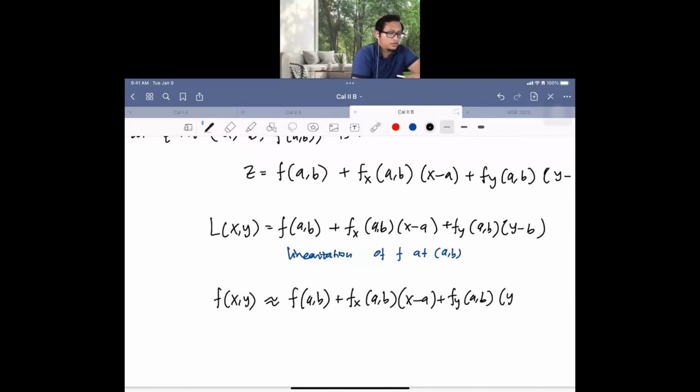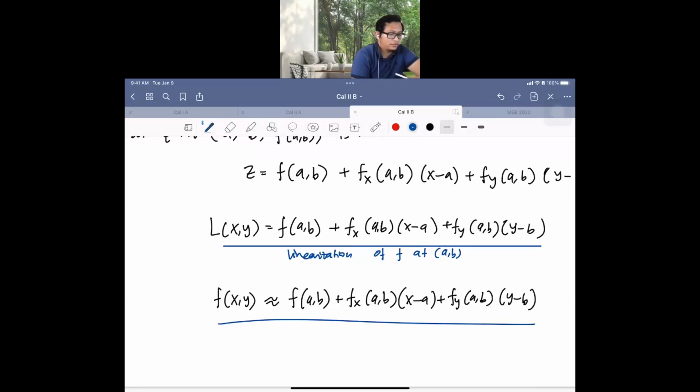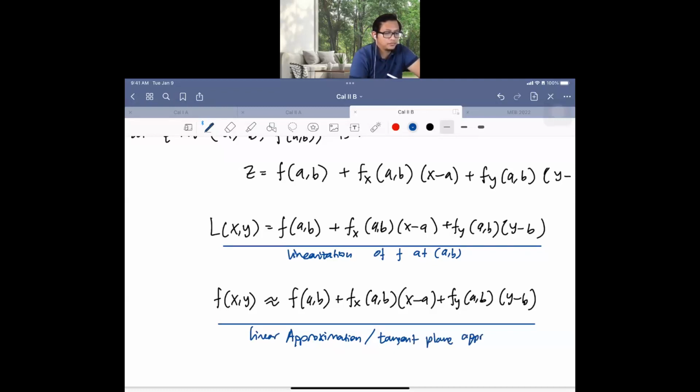So this is the linearization, and this will be the approximation, or tangent plane. So linear approximation or tangent plane approximation of f at (a, b).